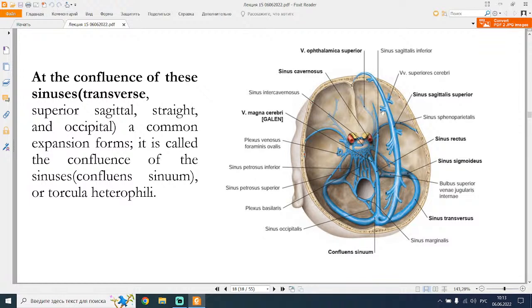It is called the confluence of the sinuses, confluens sinuum, or torcular Herophili. This is the confluence of sinuses.